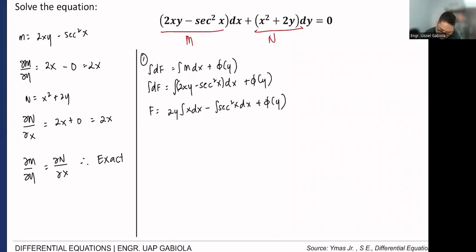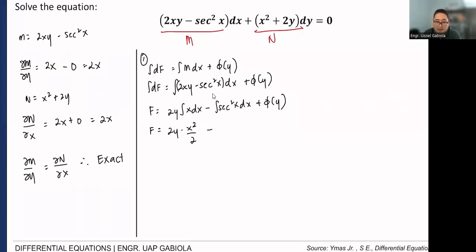Okay? So ano yung magiging integration ng first term? 2y times integral of x dx. X squared over 2. So x squared over 2 po, hindi 0. And integration ng secant squared x. May direkta ba yan?